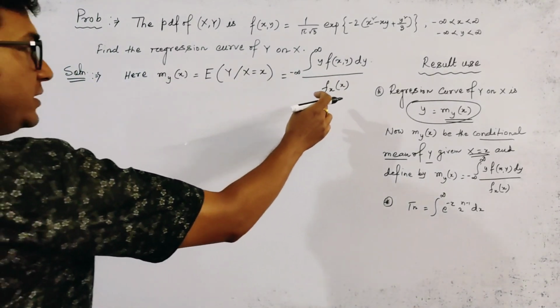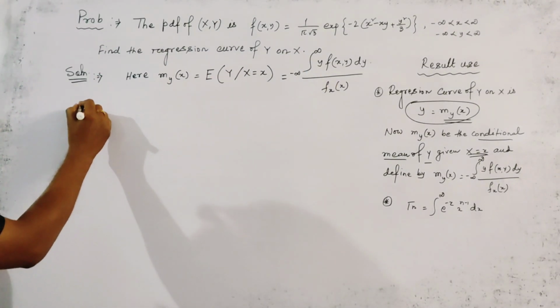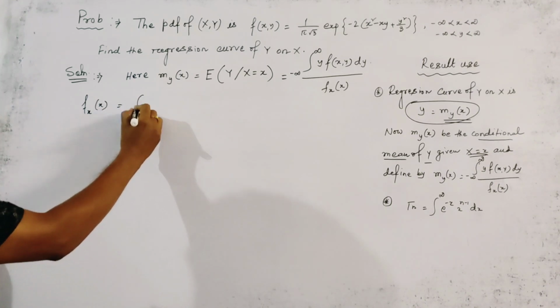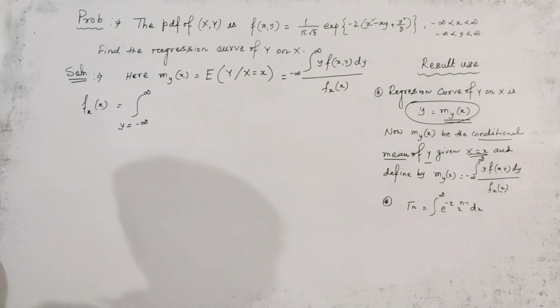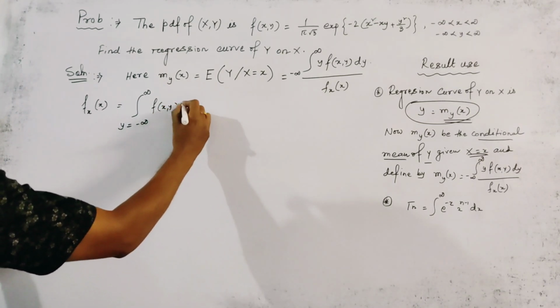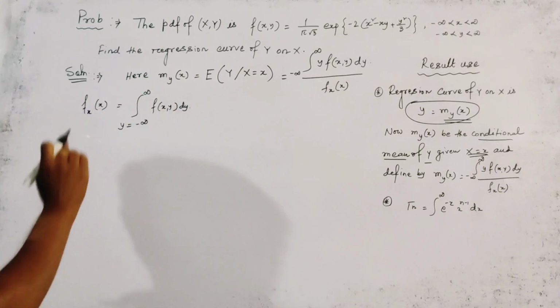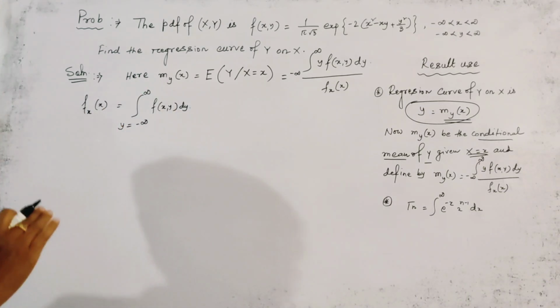Now we first find the value of f_X(x), which is given by integration from minus infinity to infinity of f(x,y) dy. If we integrate the joint PDF with respect to y, then we get the marginal PDF of x.